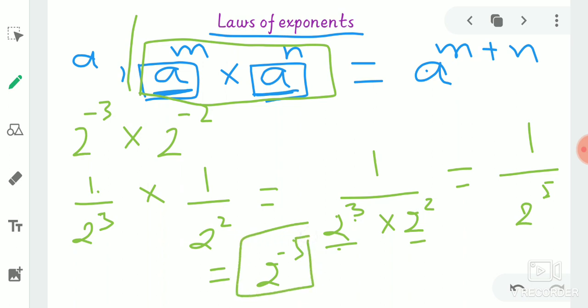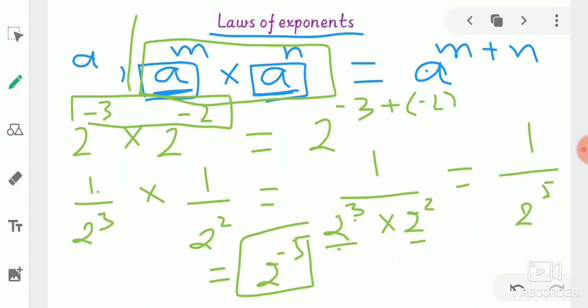This also applies if I do it here: 2, bases are the same, powers are added, minus 3 plus minus 2, that is 2 raised to power minus 5, one and the same thing. Laws of exponents apply on both positive and negative exponents. This was our first law: a raised to power m multiplied by a raised to power n equals a raised to power m plus n.